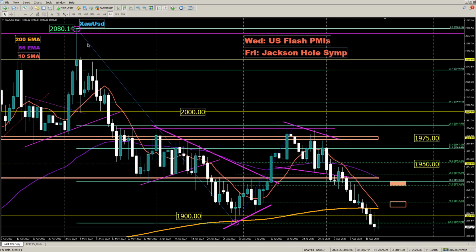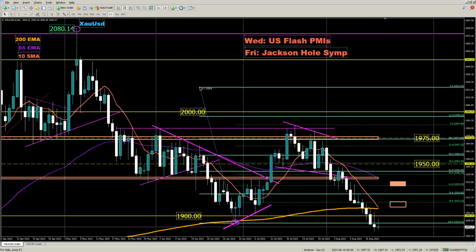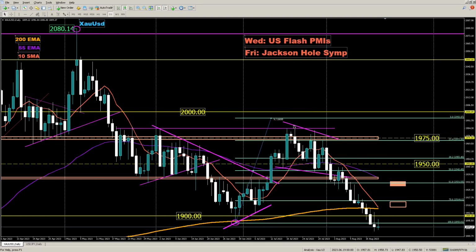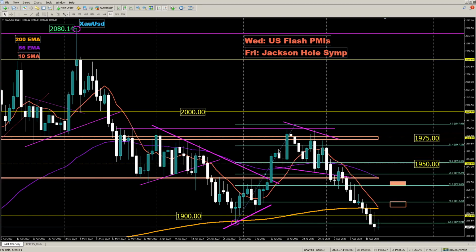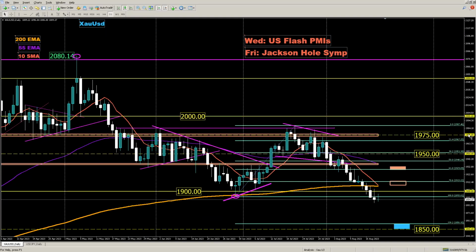Now we could probably remove this bigger fib now and replace that. Use this now. That's where we are looking at for support.